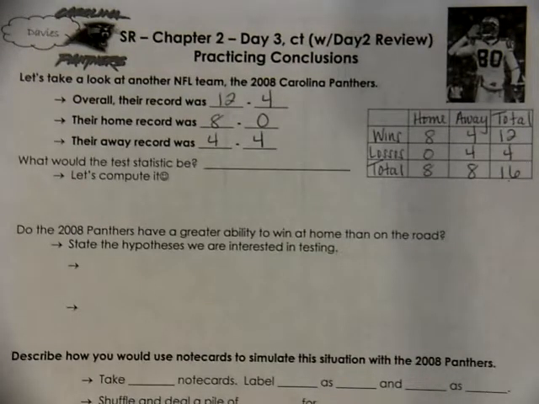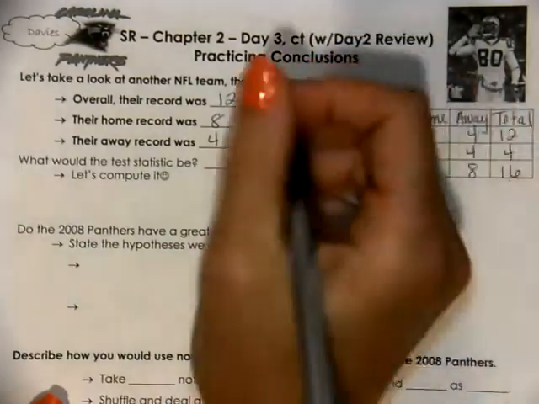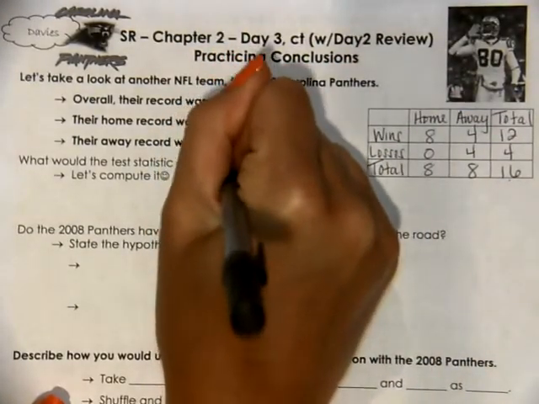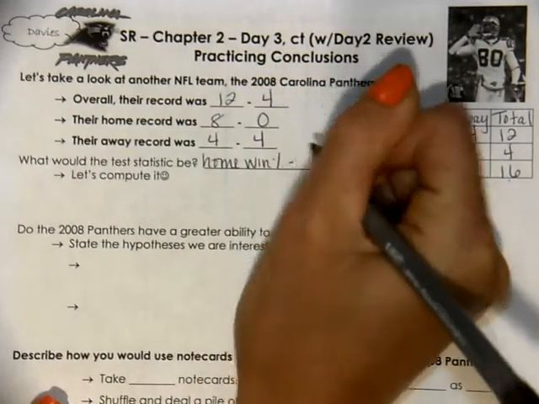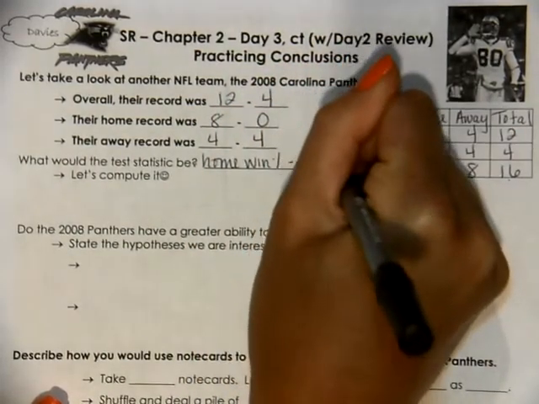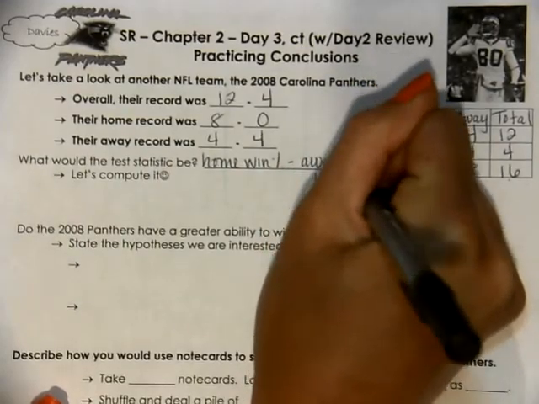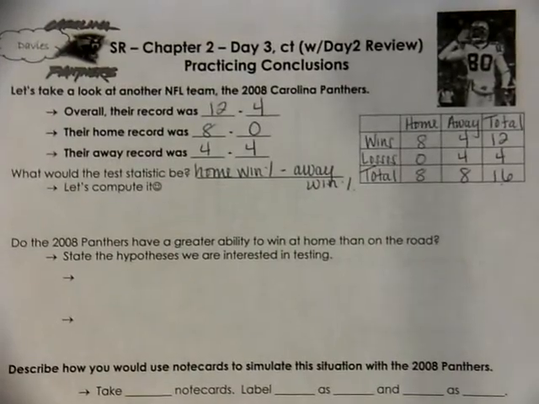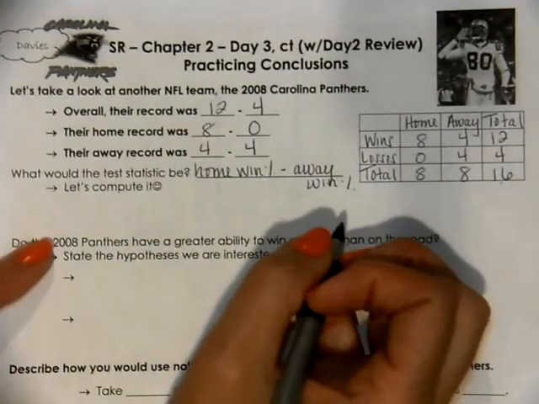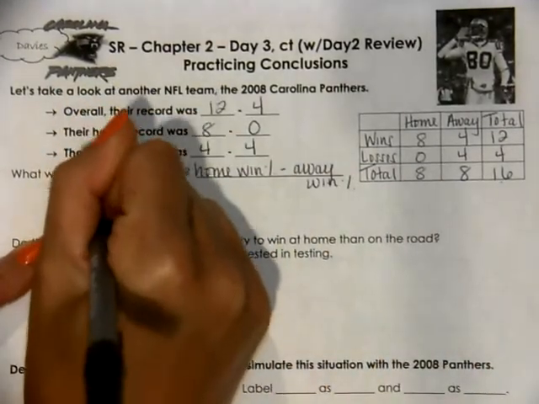So what would your test statistic be? Your test statistic, the description would be home winning percentage minus away winning percentage. So go ahead, take a minute, look at your two-way table, and calculate the difference between the winning percentages here.